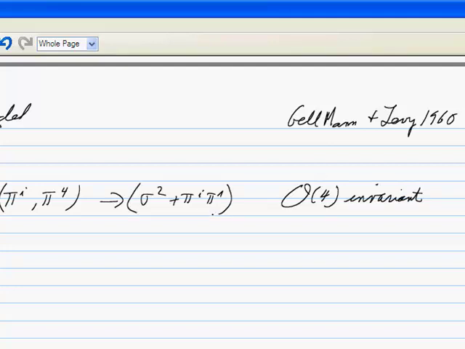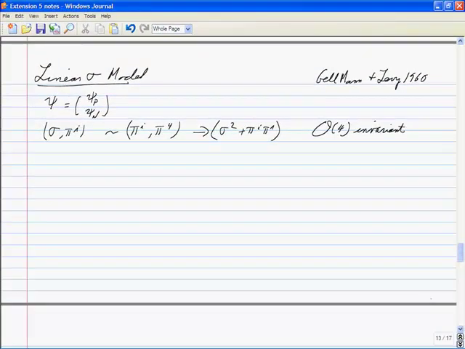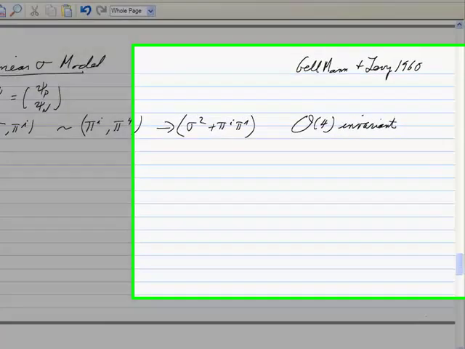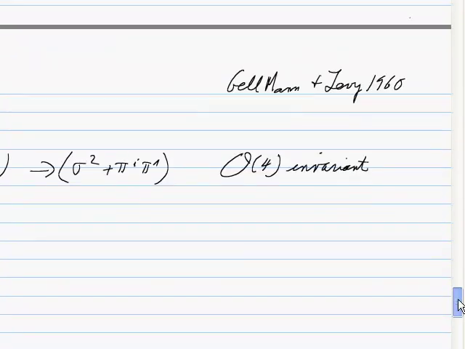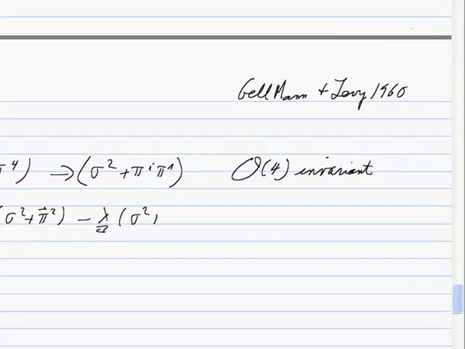Okay, there's 4 fields there, written as the sums of squares. So that has an O(4) invariance, just like this O(N) invariance up there. So there's a rotational symmetry in that piece. So V of sigma squared plus pi squared, the interaction pieces, would be plus or minus mu squared over 2 (sigma squared plus pi squared) minus lambda over 4 (sigma squared plus pi squared) squared.